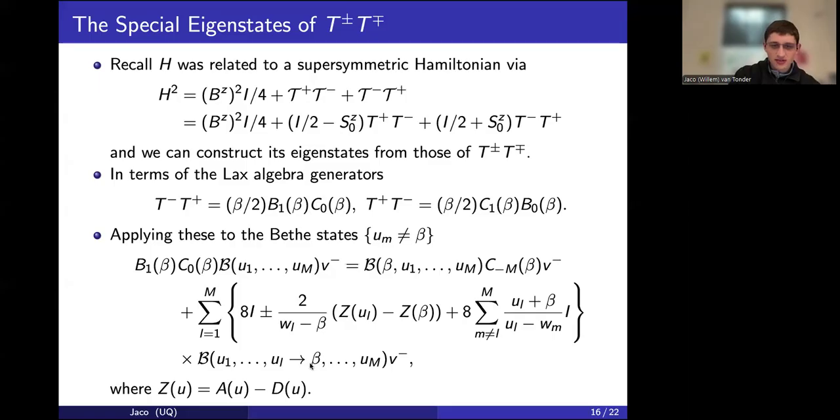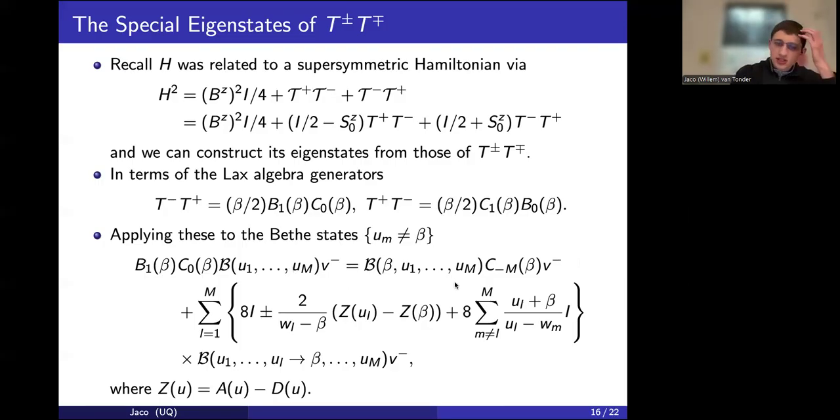Firstly, say if one of these u parameters was equal to beta, then we'll get this eigenstate with its eigenvalue, setting the rest of the terms equal to 0. However, we also would need that this term has to be 0. The second case is if none of the roots were equal to beta.